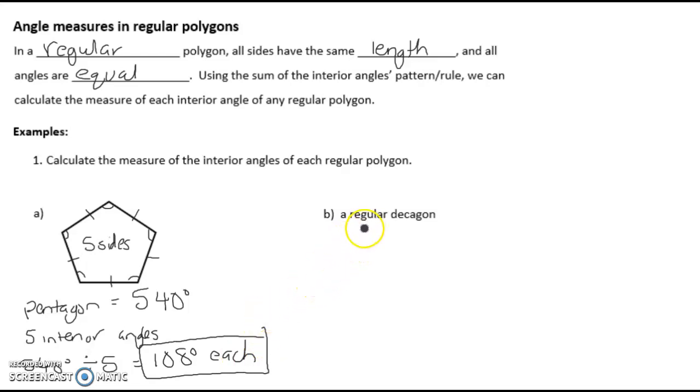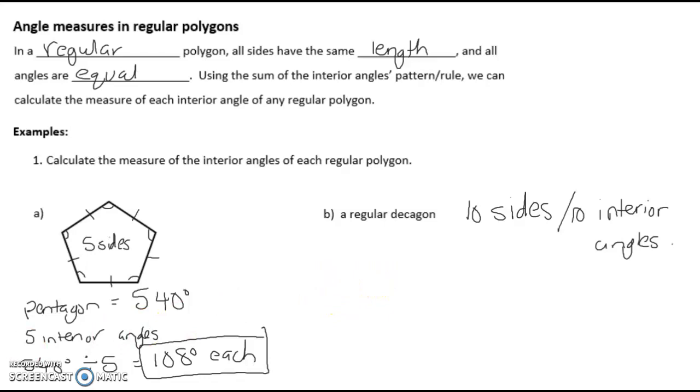The next part, it says a regular decagon. Well, we said earlier that a decagon has 10 sides. So if we have 10 sides, that means we have 10 interior angles. And that means that we had 8 triangles in total, remember?